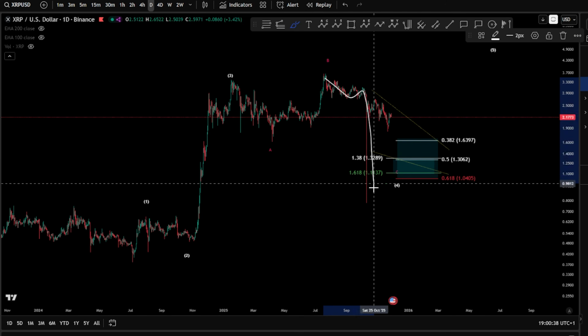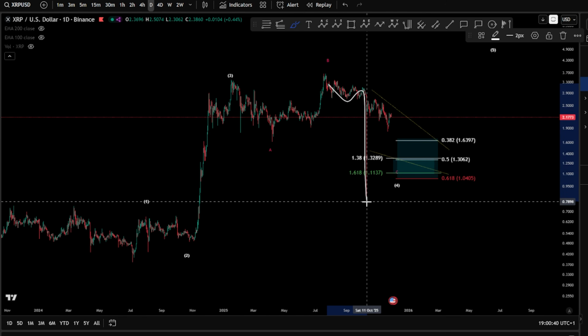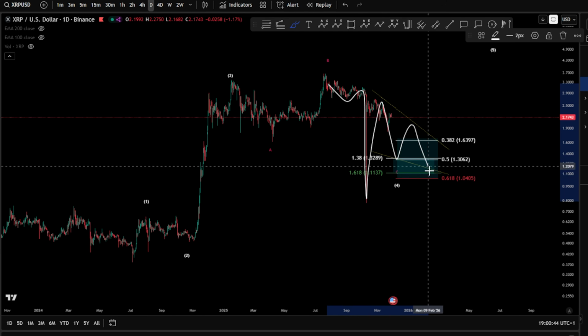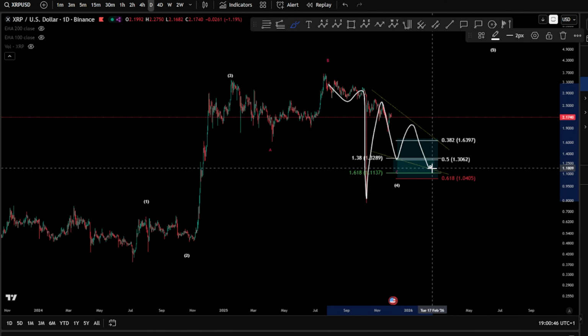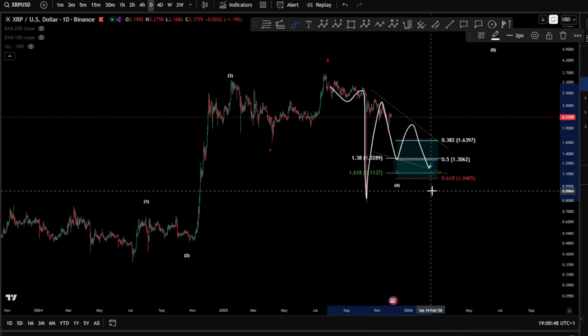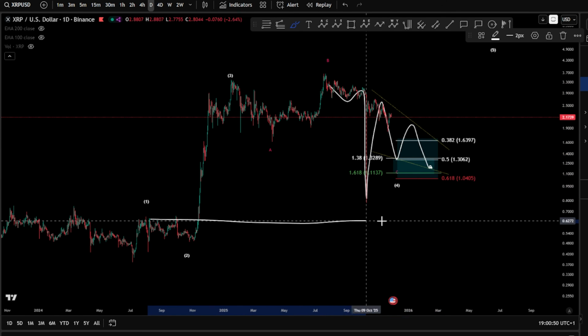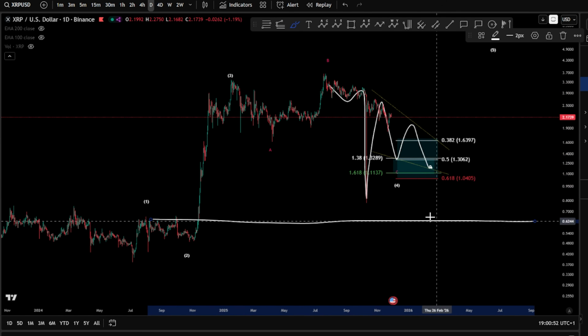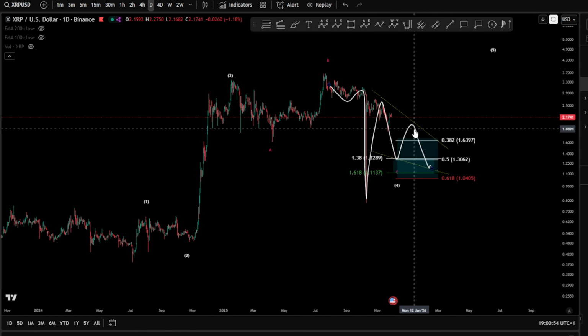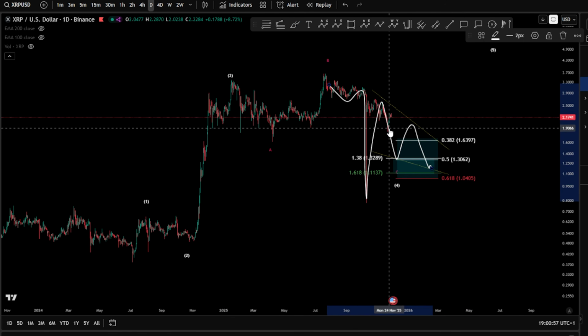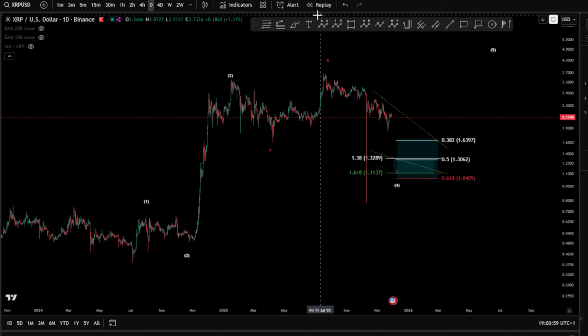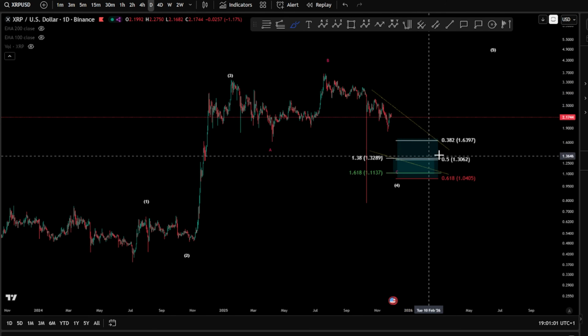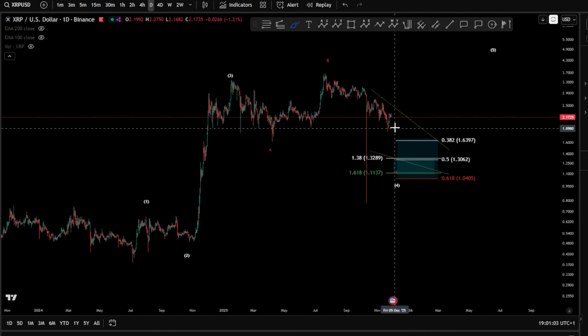And then, of course, this ABC here finished as a zigzag. Wave 1, wave 2, 3, 4, and a 5. I'm expecting, of course, a truncation here. However, even despite that the invalidation is very, very low here, it still can be a wave 4, but it is much more likely there that we are in a wave 2 rather than a wave 4, meaning the previous scenario is much more likely than this one.